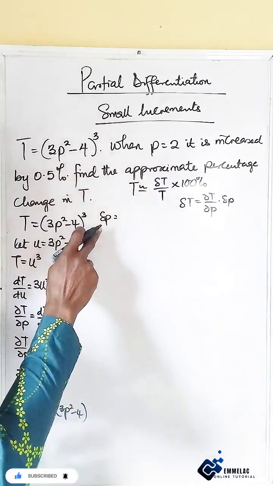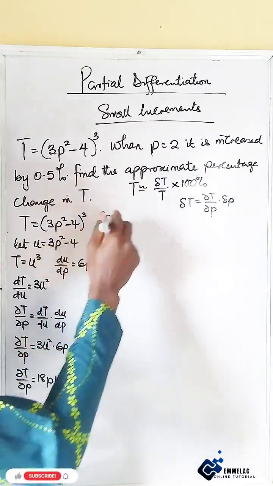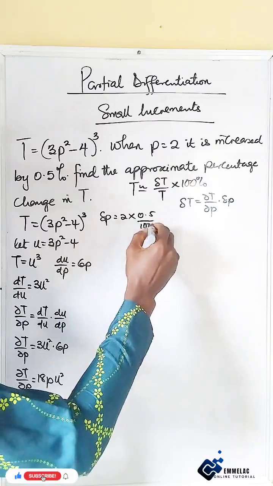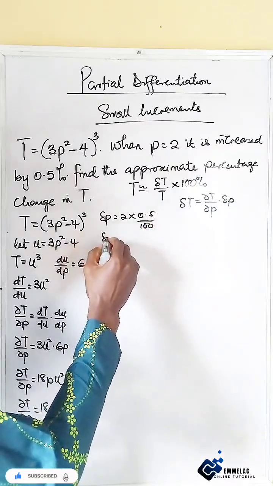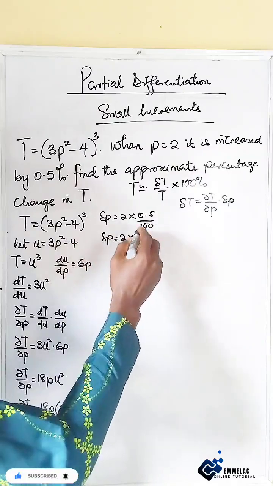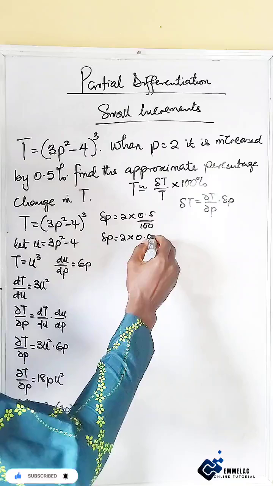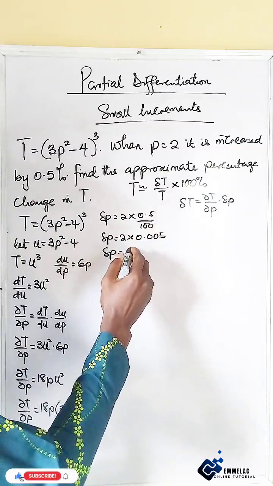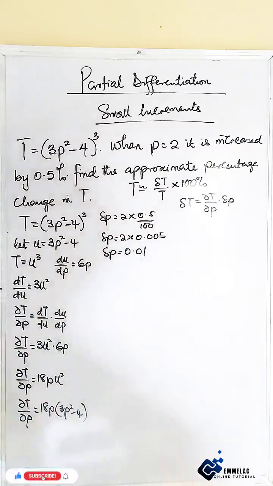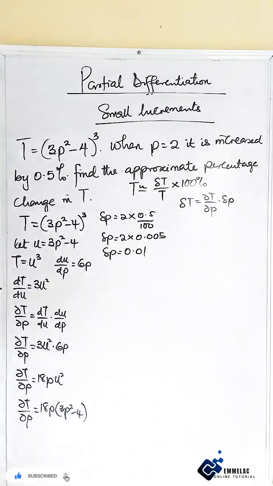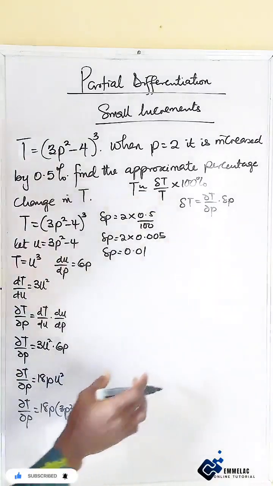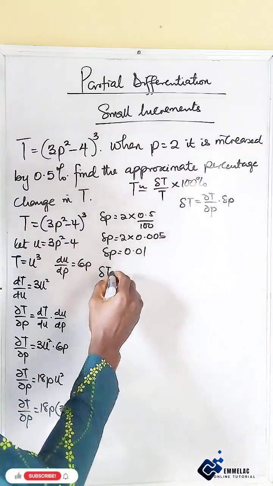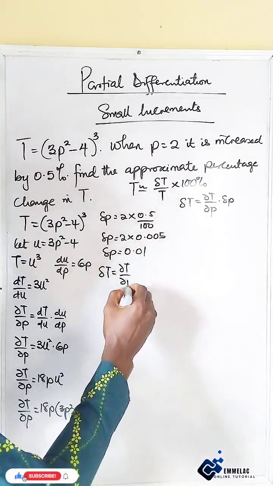That is, the increase in p will now be 2 times 0.5%, which is 2 times 0.005, which will then be 0.01.